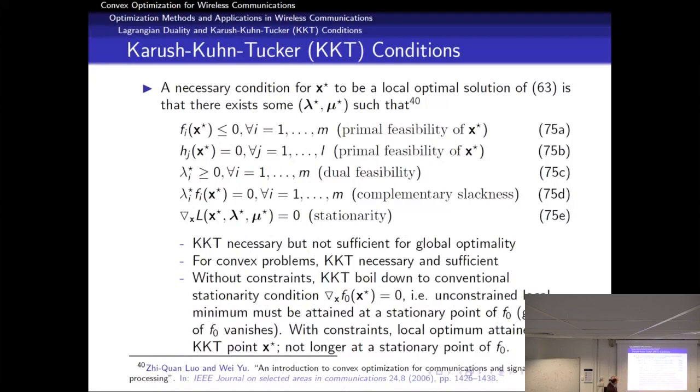The first one is called complementary slackness. Your lambda multiplied by your Fi, which is your inequality constraint. Your lambda has to be always greater than or equal to 0, but additionally this product has to be equal to 0. What that means is that you cannot have lambda and Fi at your optimal point that are simultaneously positive.